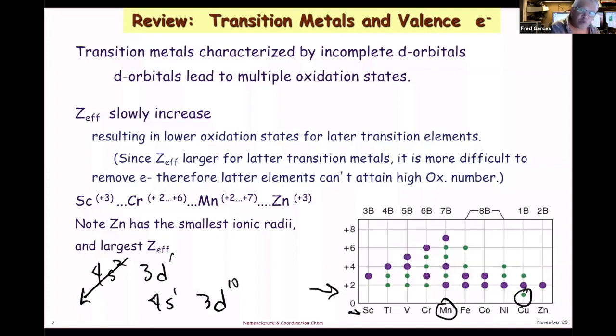Because it's 4s1, 3d10, this electron can be ionized, and the d orbital is completely full, which gives it added stability. That's why copper has a +1 oxidation state. Anyway, you need to review that because these are things that are going to be taken for granted when we start talking about these elements.